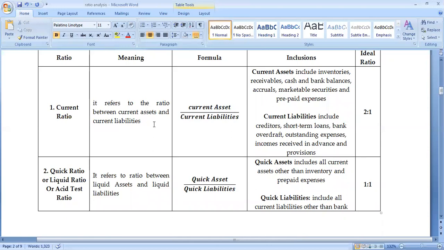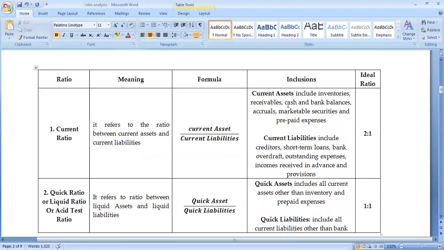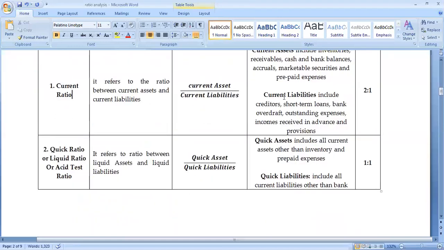Current assets include inventories, receivables, cash and bank balance, accruals, marketable securities, and prepaid expenses. Current liability includes creditors, short-term loans, bank overdraft, outstanding expenses, incomes received in advance, and provisions.